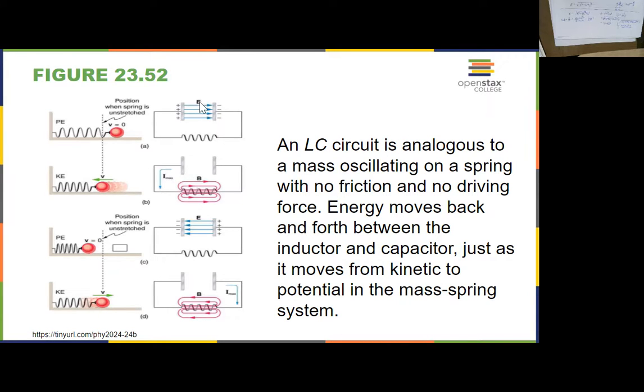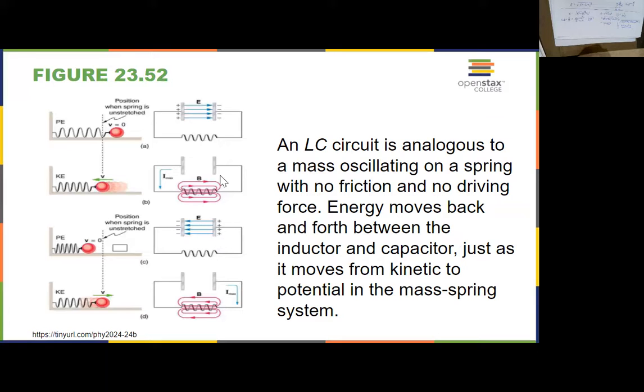When you have maximum energy, all the energy stored in the electric field, then you don't have any energy stored in the magnetic field. The other way around, if you have all the energy stored in the magnetic field, then you don't have any energy stored in the electric field. And then you can have anything in between, part of the energy being in the capacitor, and part of the energy being in the inductor.